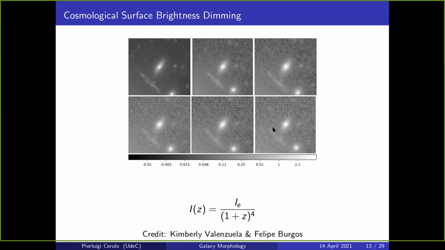The idea is to redo the morphology on these high redshift simulated galaxies and see how many early type disks we classify as ellipticals, because the disk fades below the sky level at high redshifts.